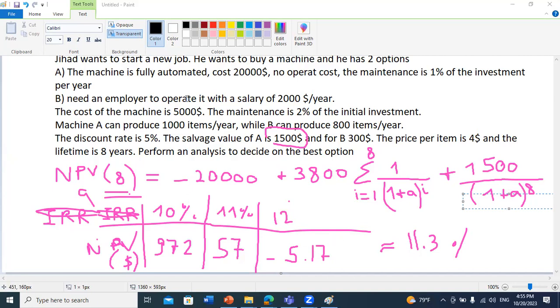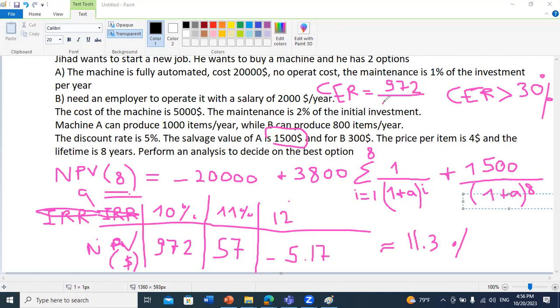And for example, here, if I ask you, what is the discount rate for which the CER is larger than 30%, for which you can start to gain 30% of your investment, then you need, for example, here at 10%, the CER at a rate of 10% is equal to 972 over 20,000.